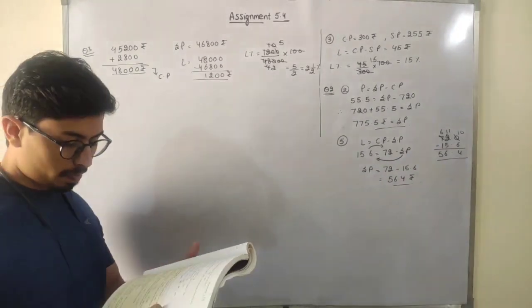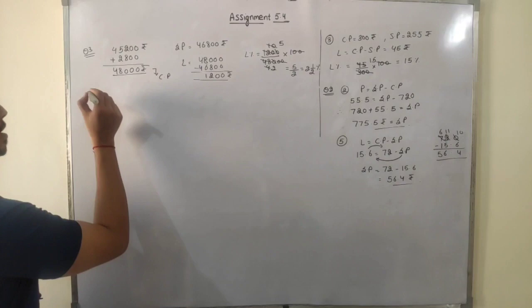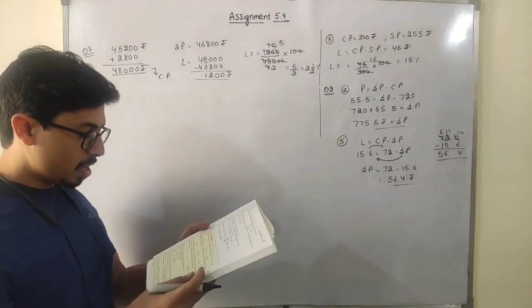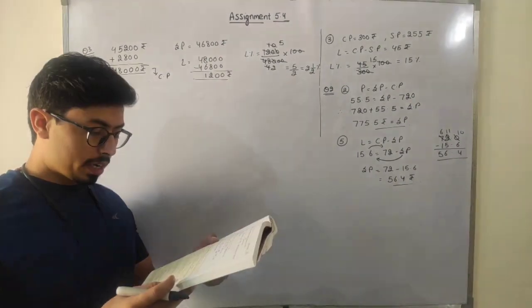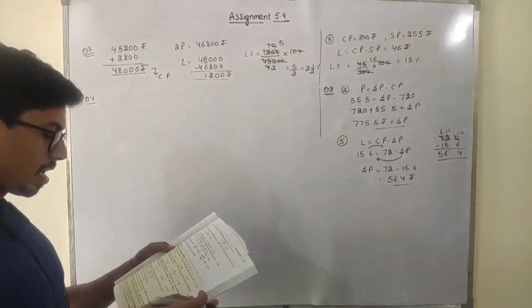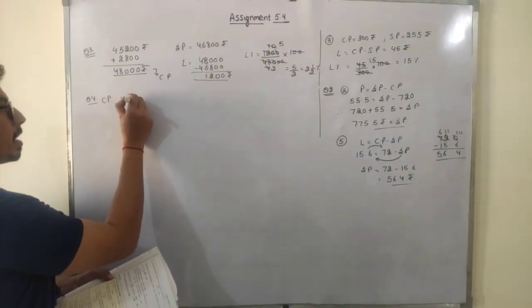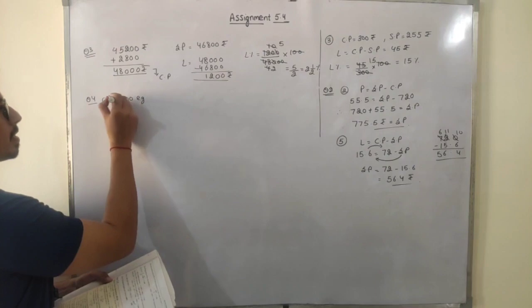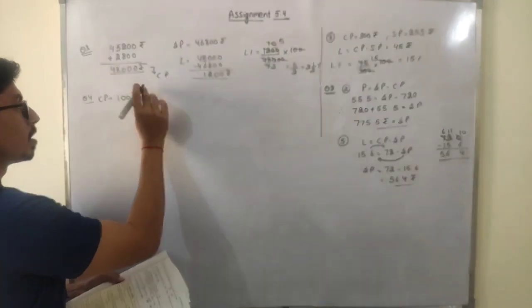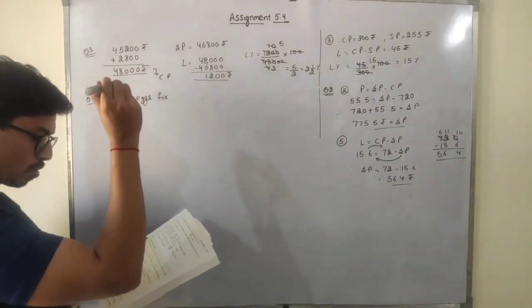Okay. Now see, students, question number 4 if I discuss. In question number 4, Shubha bought 100 eggs for rupees 50. Okay. She bought 100 eggs. This means it is CP. 100 eggs for how much?